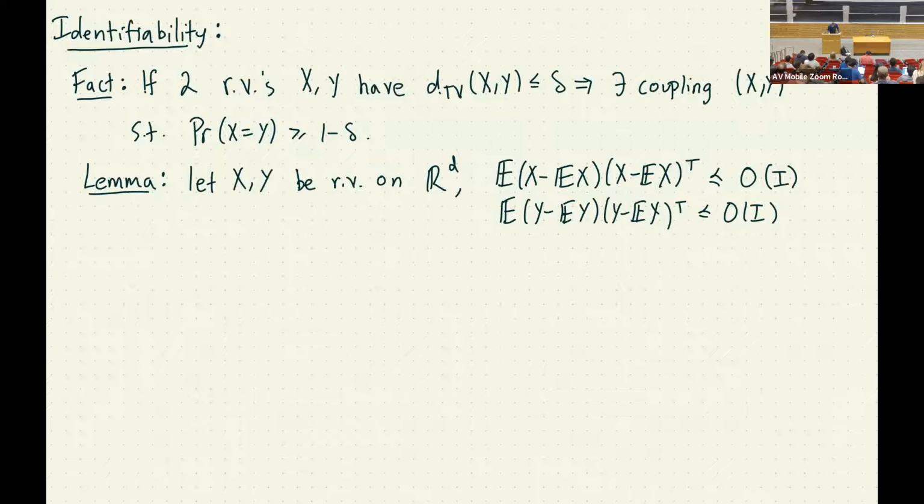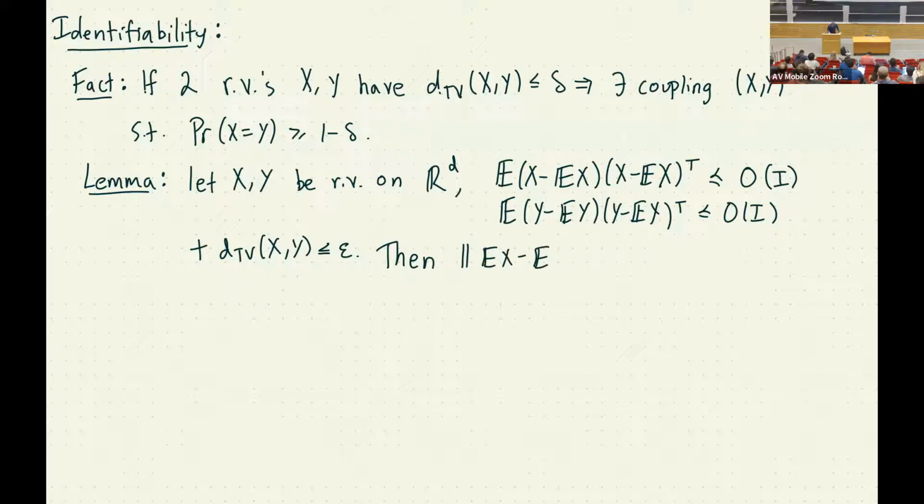And let's assume that they have bounded total variation distance. So also dTV of X and Y is less than, actually, I'm going to go ahead and use epsilon here to hint what's coming later. Then their means are close by root epsilon.